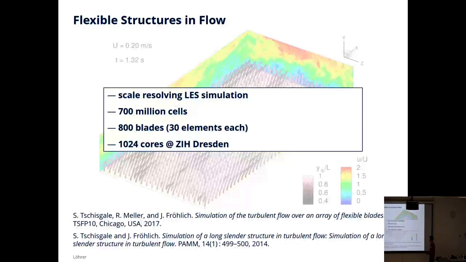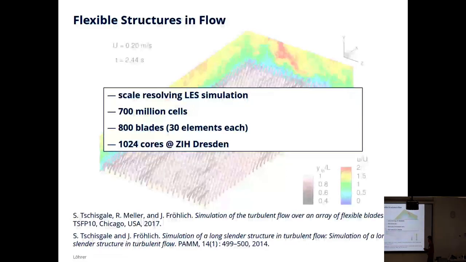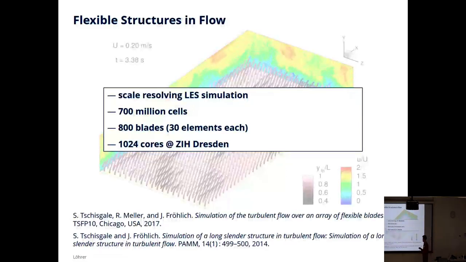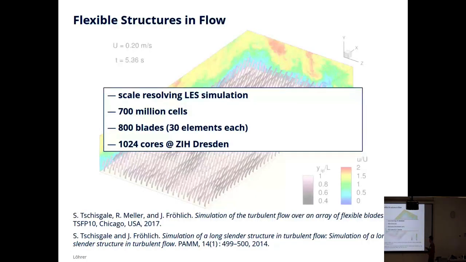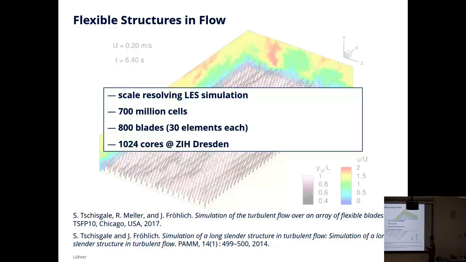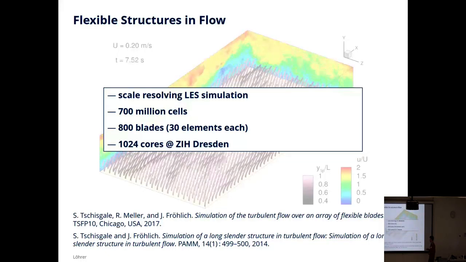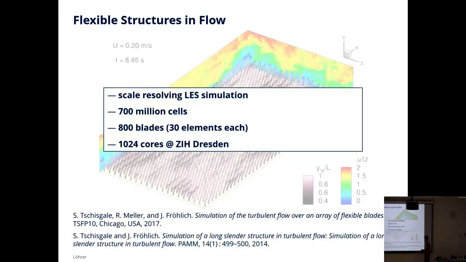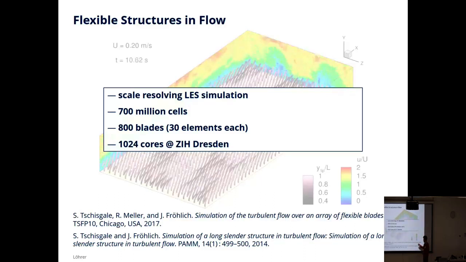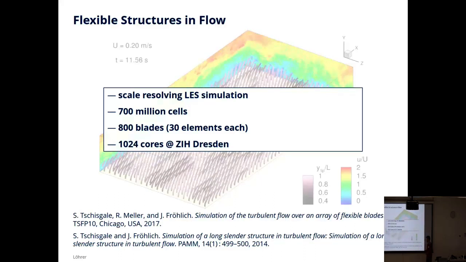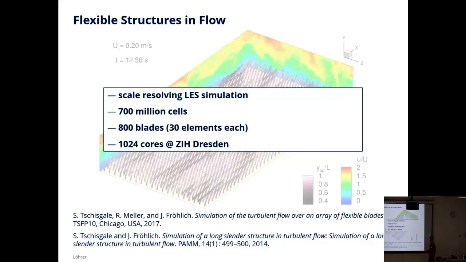And this too is a fairly big simulation. It is scale resolving using LES subgrid scale modeling. 700 million cells was computed on 1,000 cores. And for each one of those blades, a beam equation is solved, Khosrow beam equation.